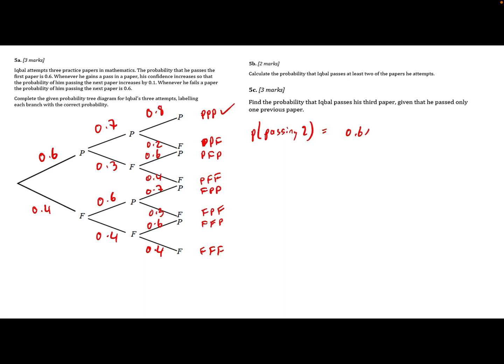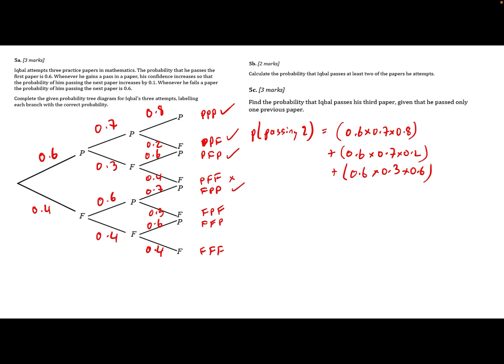So it's going to be 0.6 times 0.7 times 0.8, plus this one is passing twice, 0.6 times 0.7 times 0.2, plus this one has him passing twice, 0.6 times 0.3 times 0.6.